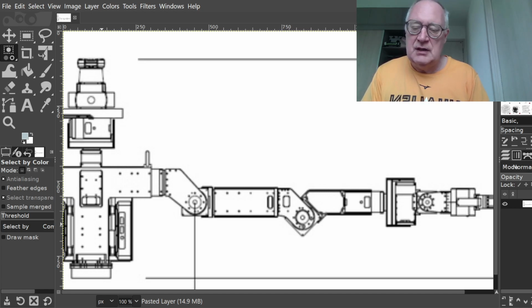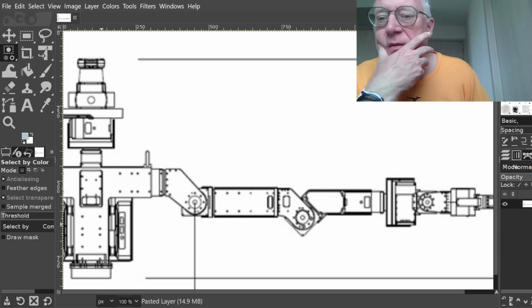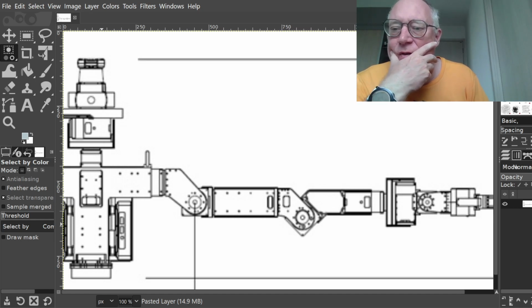So let's have a look at our DH algorithm and see what the first step is that we have to do. We need to assign the z-axis as the axis of actuation for our servo motors.